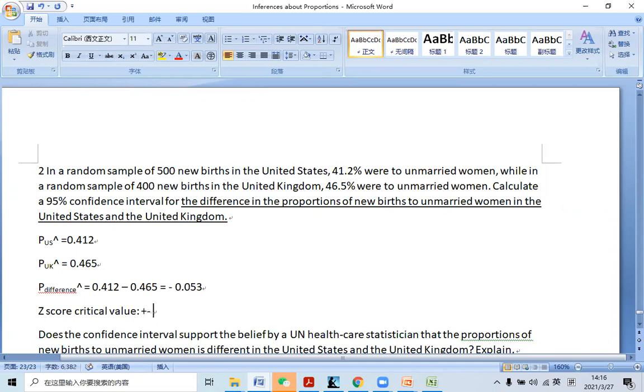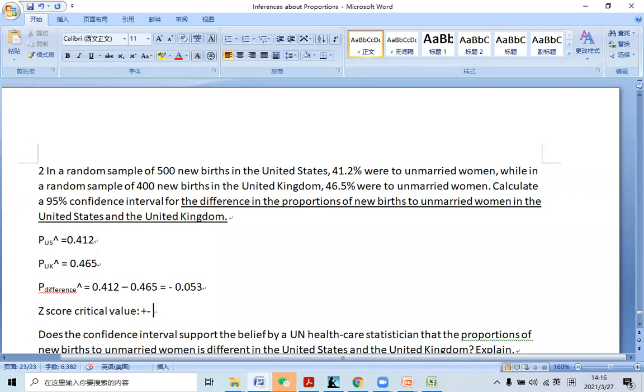What kind of Z score are you looking for? Positive and minus. You want 95%, and that's divided between the two sides. Why do you care about the two sides? Confidence intervals are always two-tailed. You also get two boundary numbers.